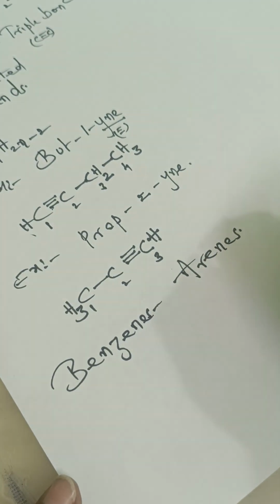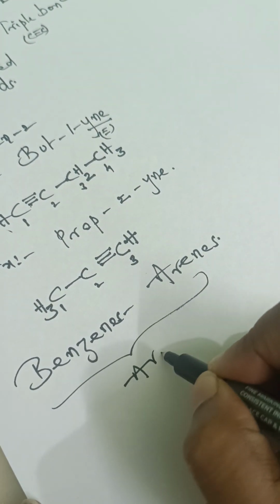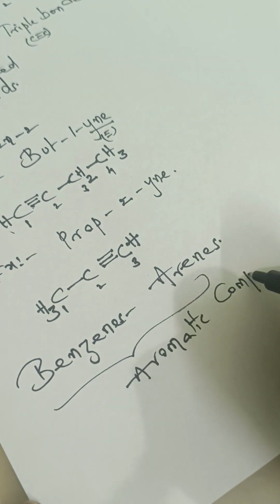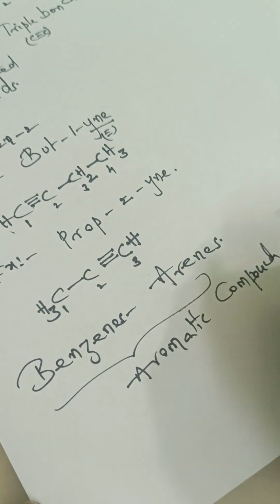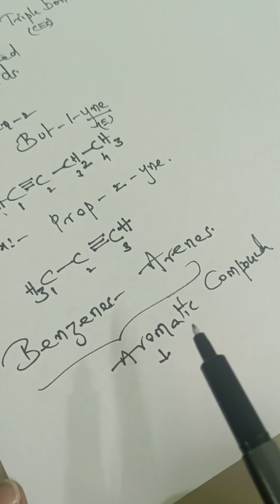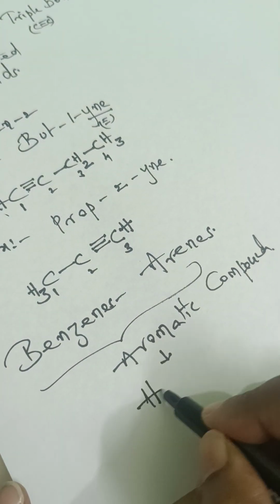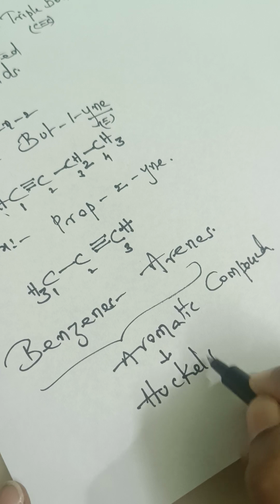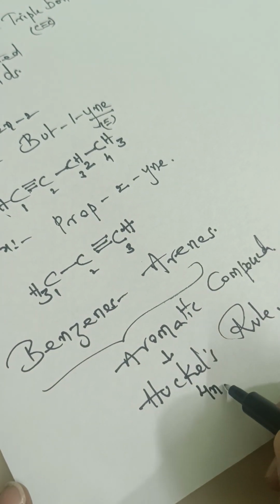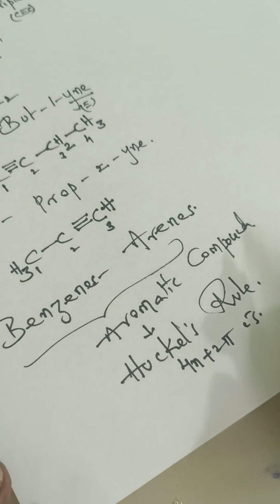These are aromatic compounds. How can we say compounds are aromatic? There is one rule called Hückel's rule, that is the 4n plus 2 pi electron rule.